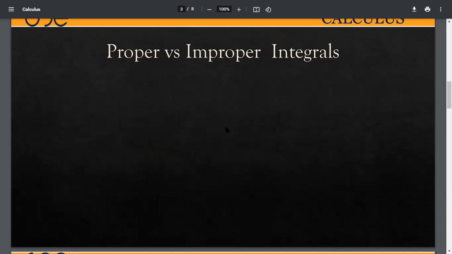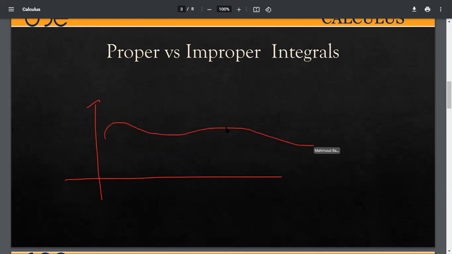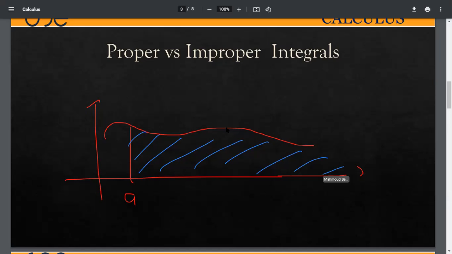However, in the case of improper integrals, if I want to evaluate the area starting here at some a and ending at infinity, this means that I want to calculate this whole thing. You see, this whole thing is never ending. So if I want the area under the curve of f of x, this area will be infinite.